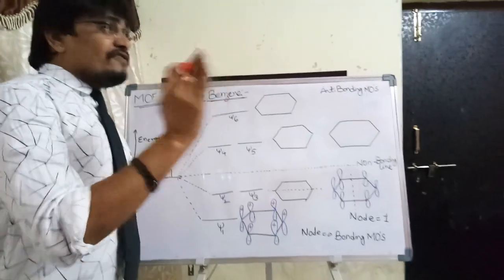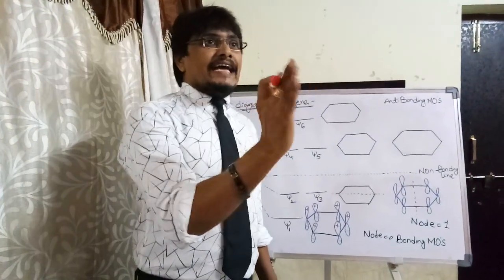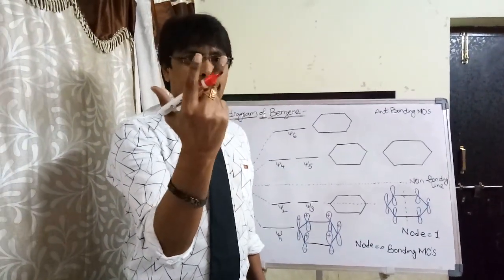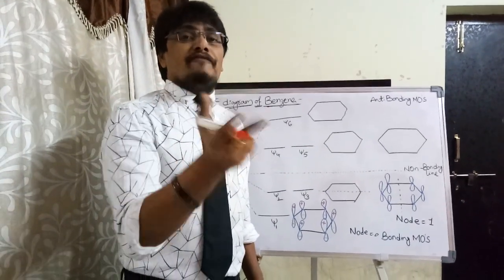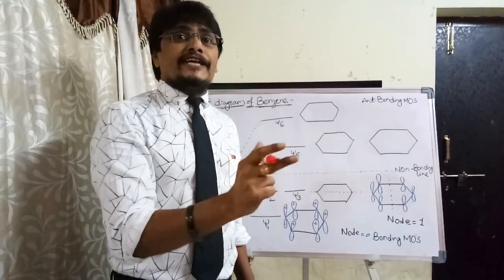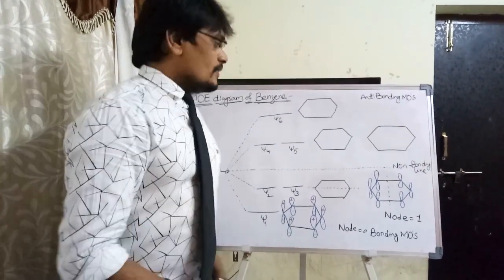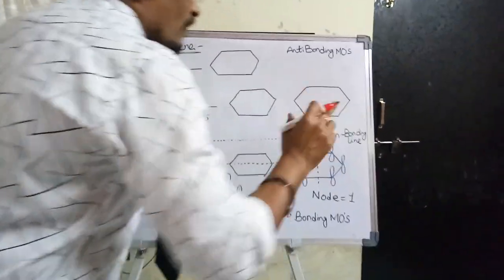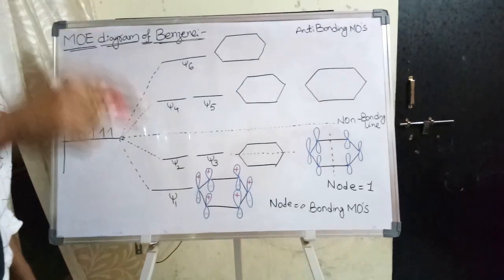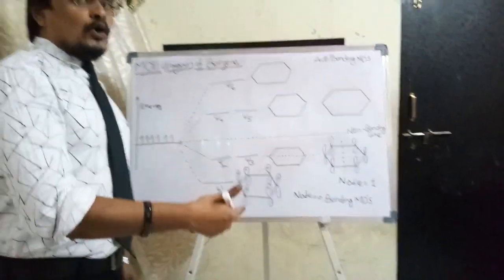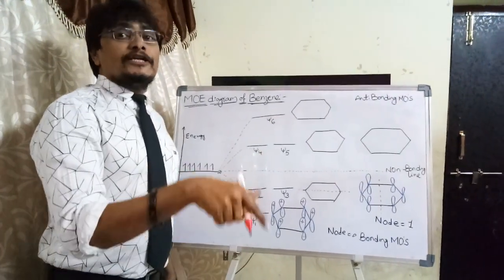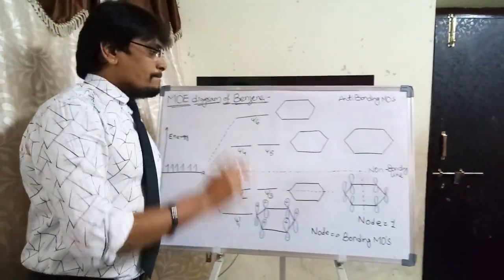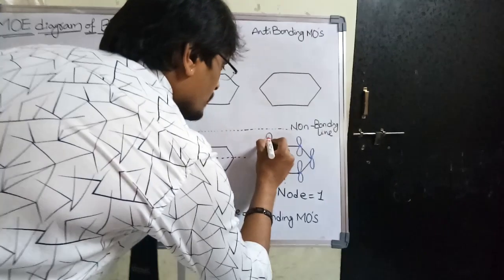If a line is separating two lobes, then the phase of the two lobes will change: if it is positive, it becomes negative, and if it is negative, it becomes positive. First of all, fill the upper lobes. Once you fill the upper lobes, we can fill the lower lobes. If the upper lobe is positive, the lower lobe is negative, and vice versa. So I am filling the upper lobe positive.